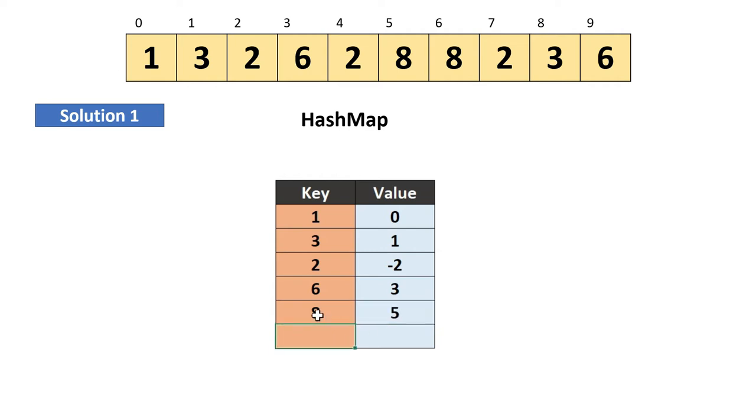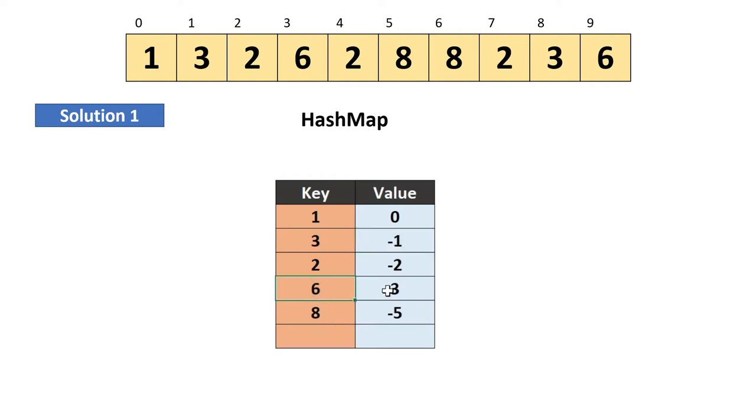Then again 8 came, so we will just make this one negative. And then 2 came. 2 is already negative, that means we have to skip that one. Then 3 came, so we have to make it negative here because 3 is repeating.